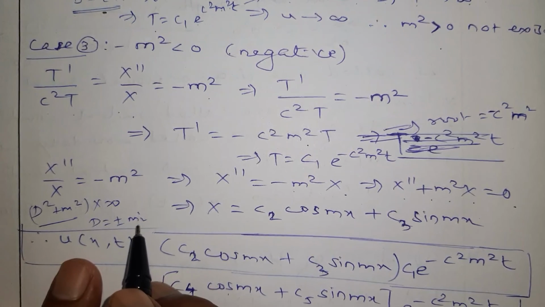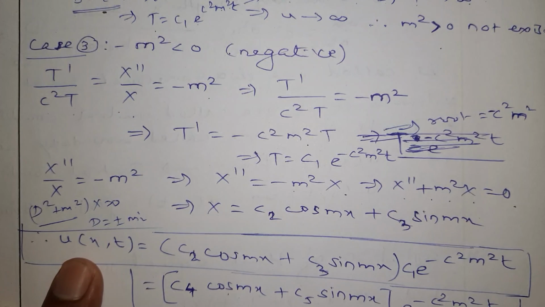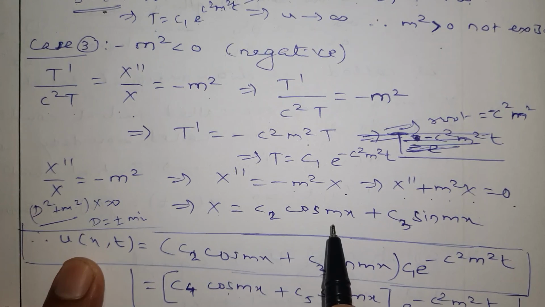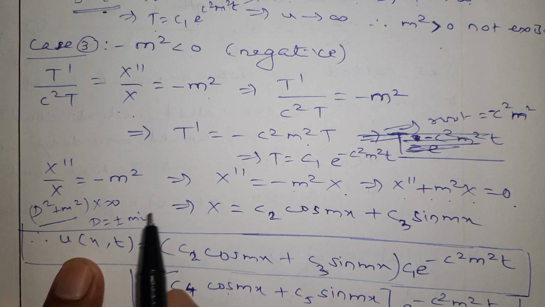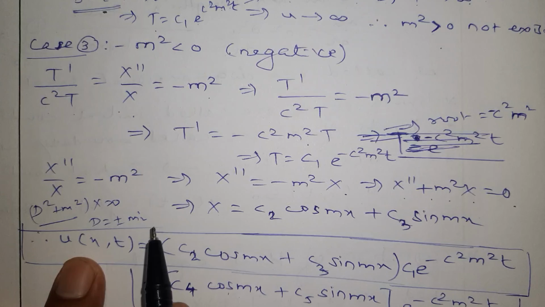Correct? I get complex roots. Do you remember linear differential equations? Then use that. X is equal to c2 cos mx plus c3 sin mx, from second order linear differential equations in our unit number 3.